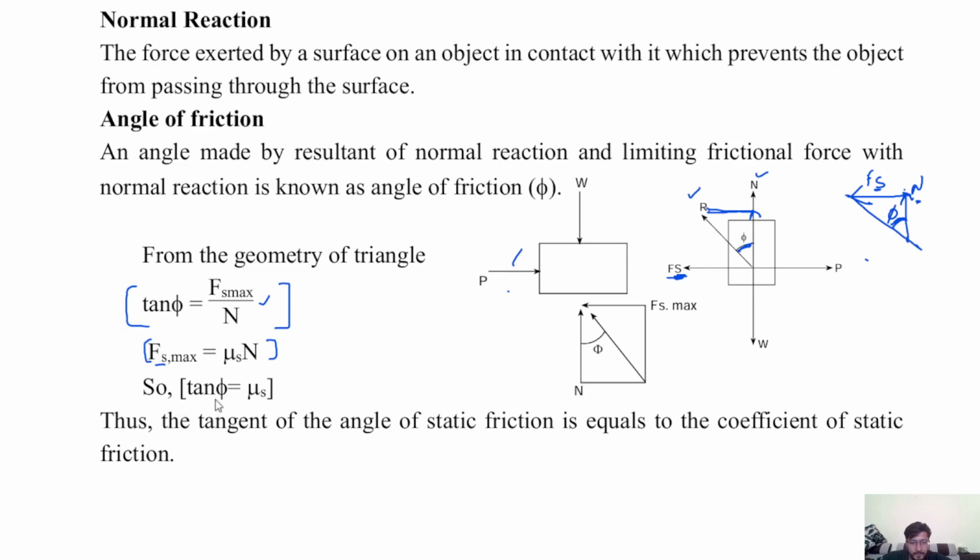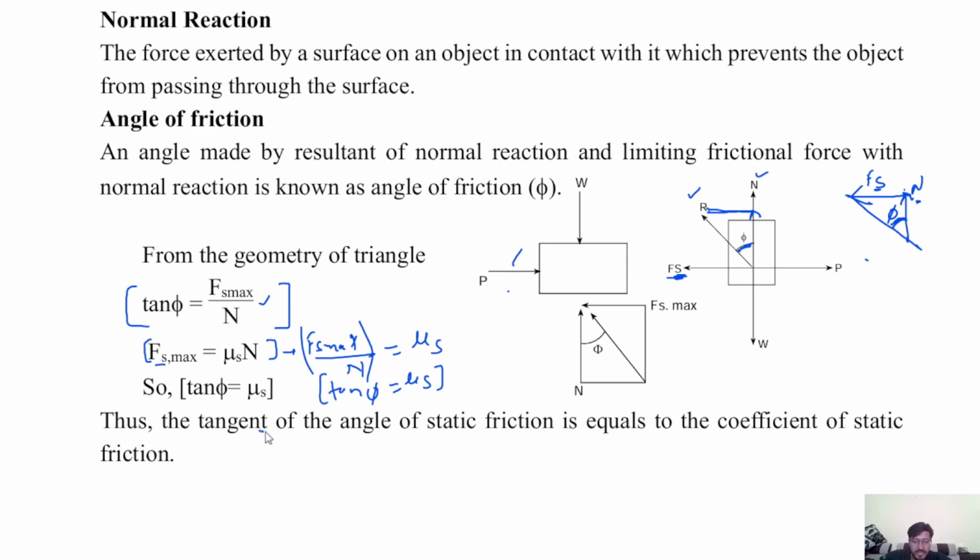So tan phi is equal to Fs max by N, and Fs max by N is equal to mu s. That means tan phi is equal to mu s.